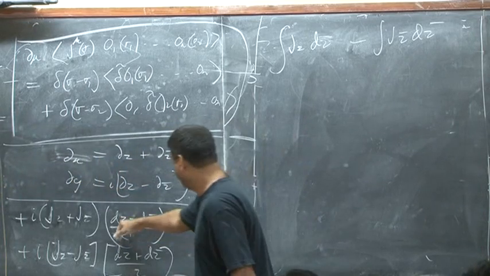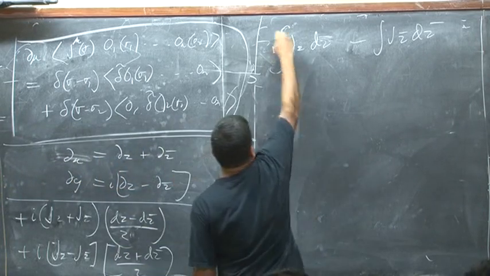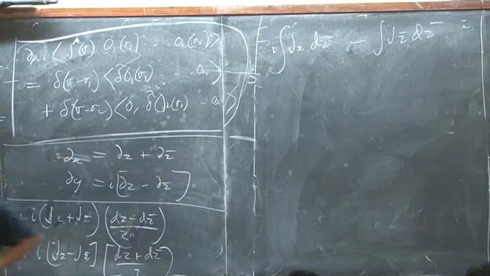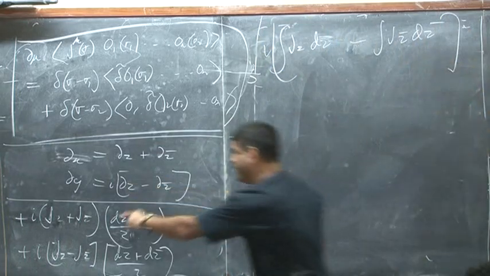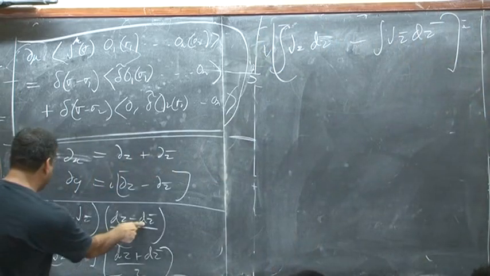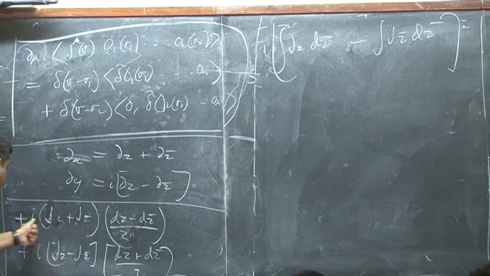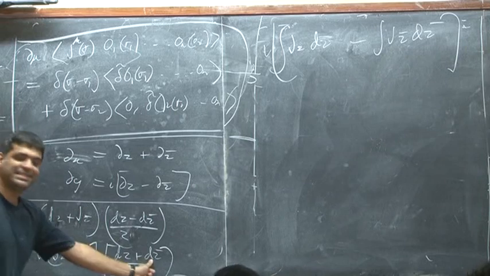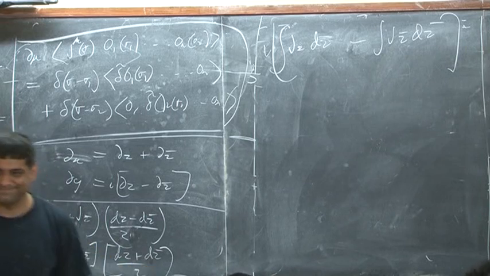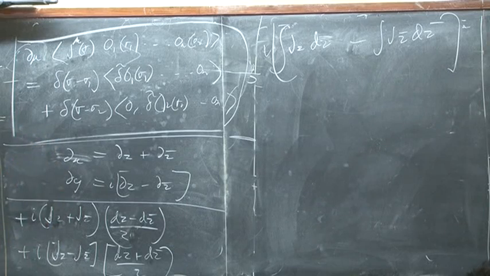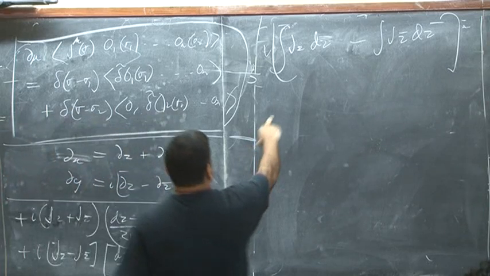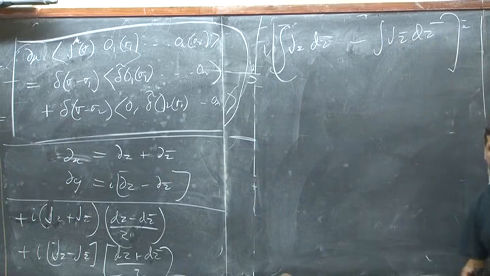No, not by 2, because there are 2 terms. So overall, i. Okay, and now you stare carefully at the Jz dz bar term. So that's i Jz minus dz bar, i Jz plus dz bar. So those cancel. So this whole normal component of J on the surface is the integral of Jz dz minus Jz bar dz bar.